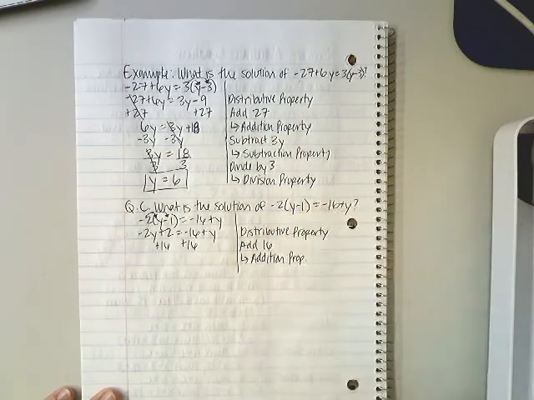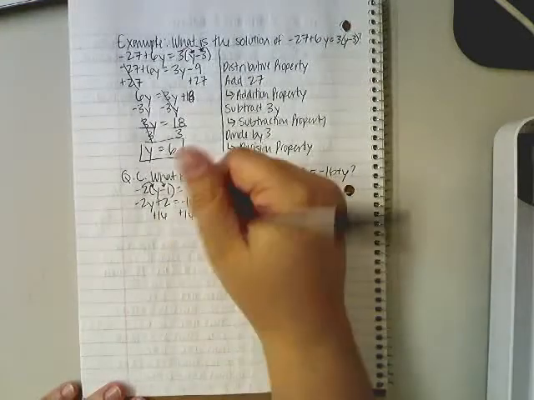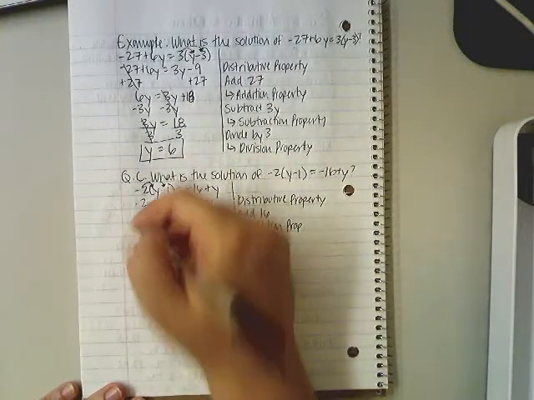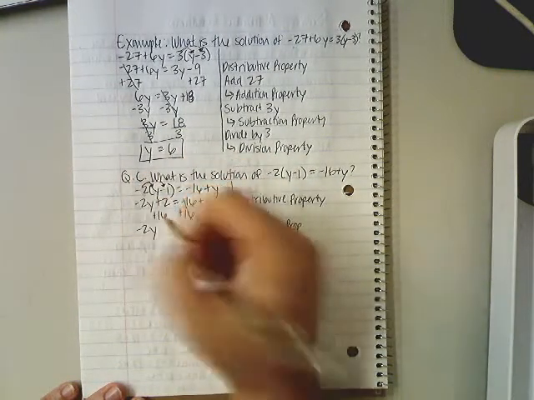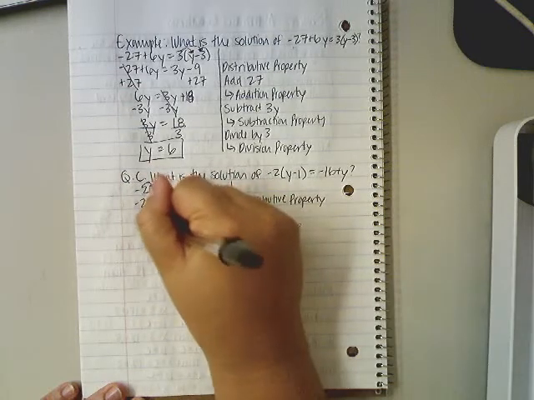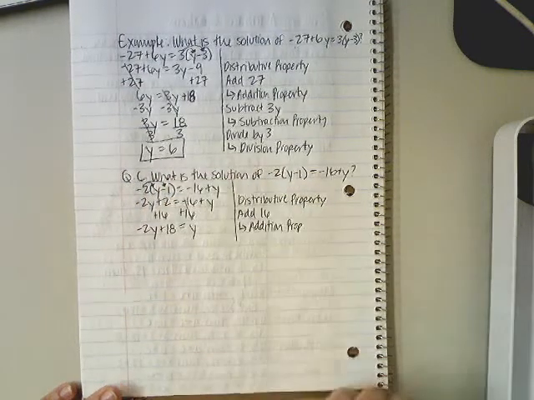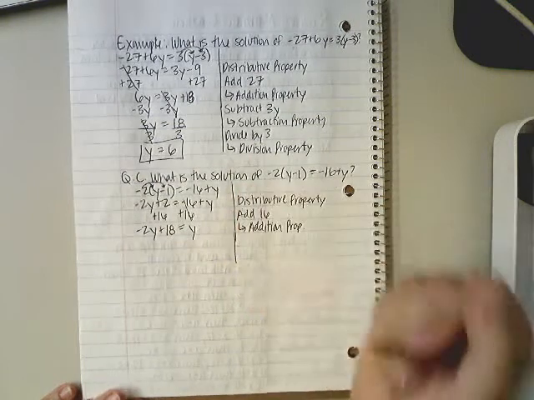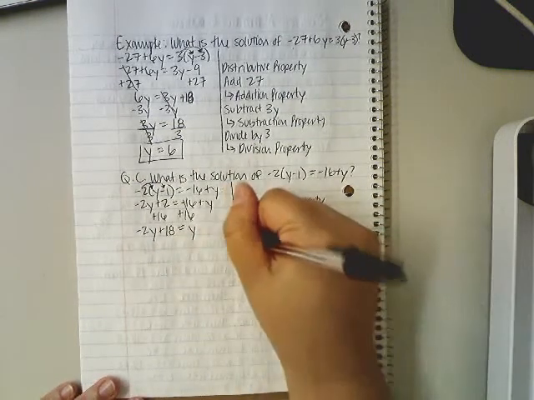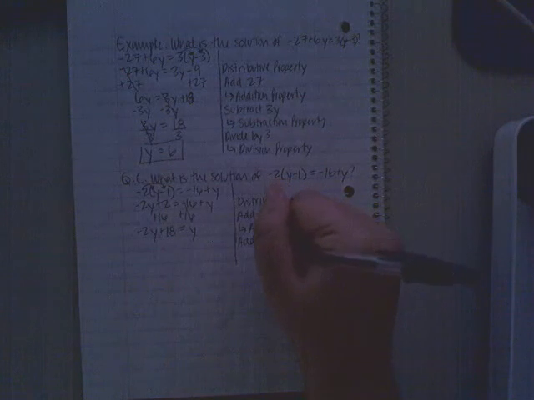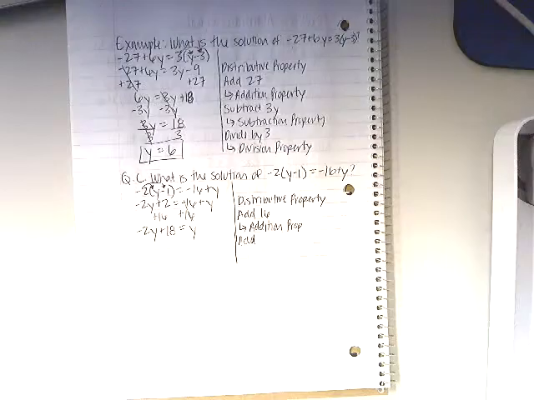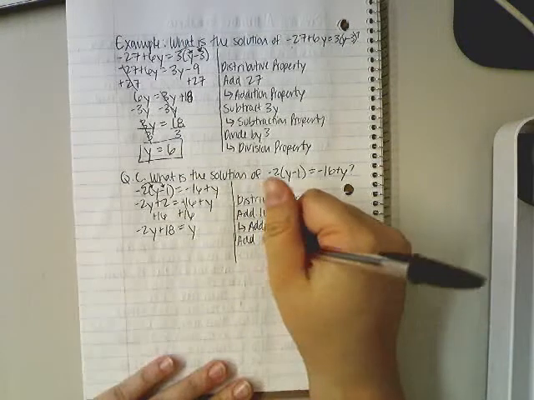I'm just going to abbreviate that prop. So then here the 16s are gone, so I have negative 2y. 2 plus 16 is going to be 18 equals y. Again, I'm always trying to get rid of negatives, so I'm going to add again. Sorry about that.